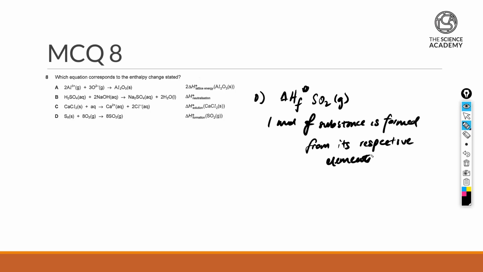So for the case here, we do have sulfur, this is the respective element, and we do have O2 as well. But if you take a look, for 1 mole, the coefficient that's found in front of SO2 was actually 8. So in order for D to have been a correct answer, it should have been the standard enthalpy of formation of sulfur dioxide times 8. And then that would have been correct. So once again, the correct answer for this question here is C.